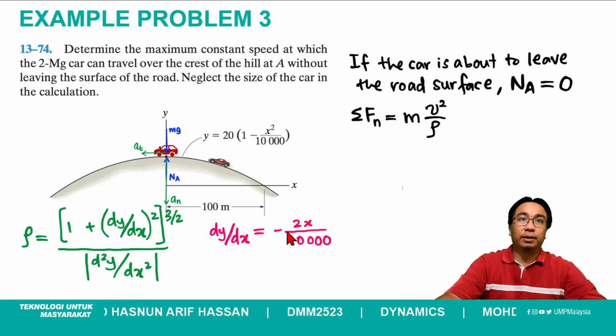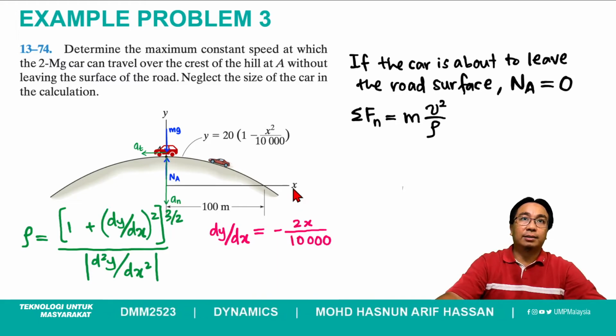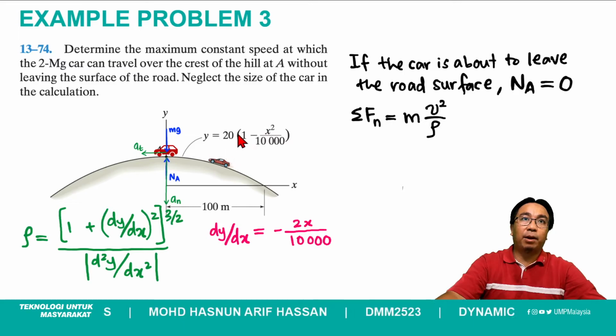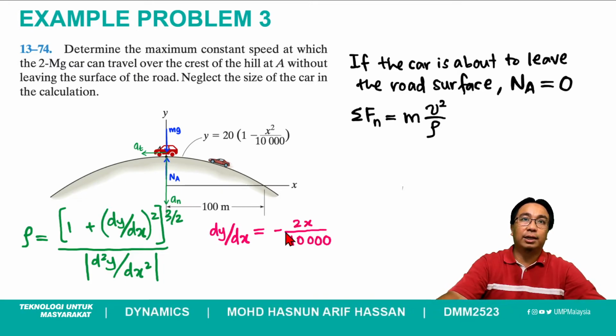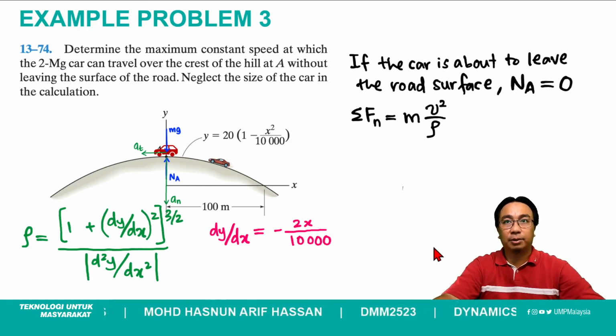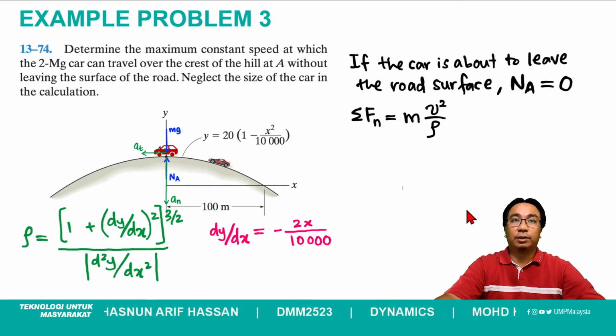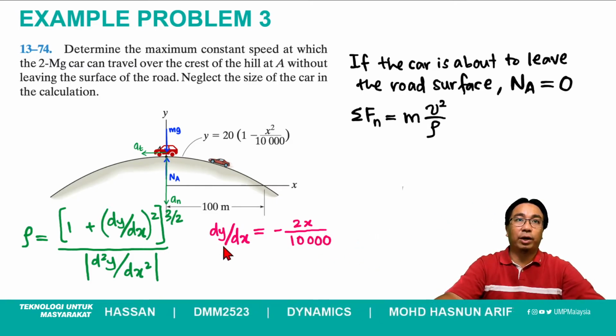It should be minus 40 here, not 2x. 2x should be multiplied with 20. I forgot to multiply with 20. So it should be 2 times 20, so 40. 40 minus 40x over 10,000. Right? Minus 40x over 10,000 for dy dx.